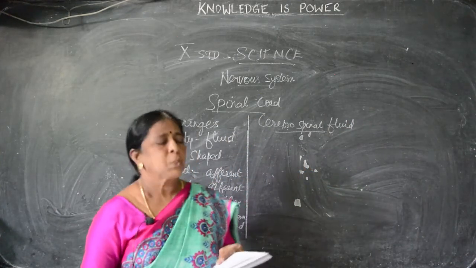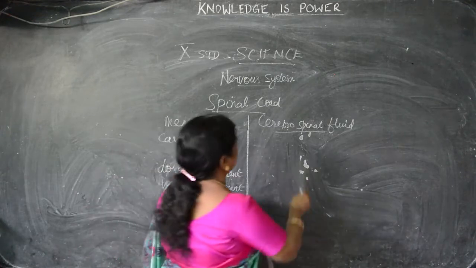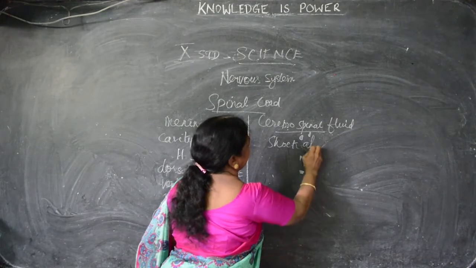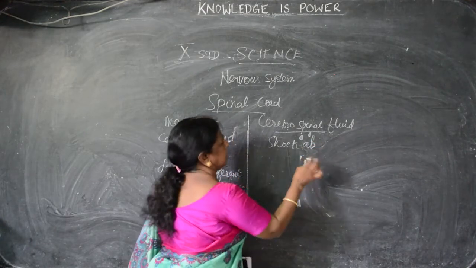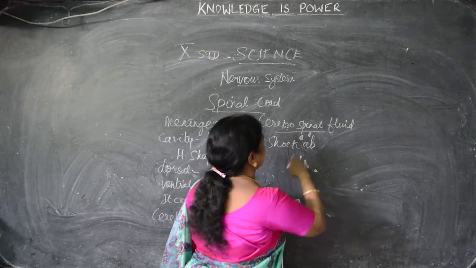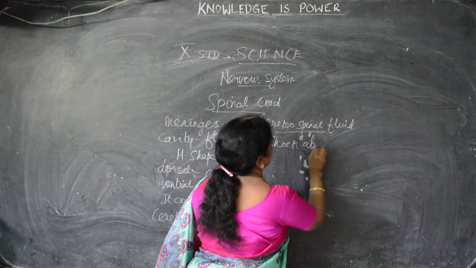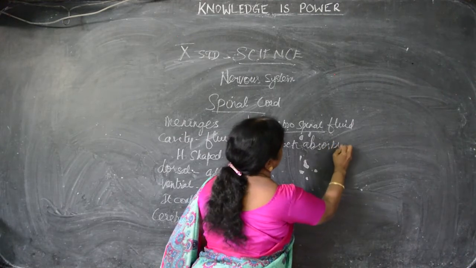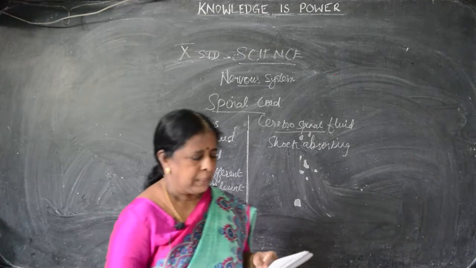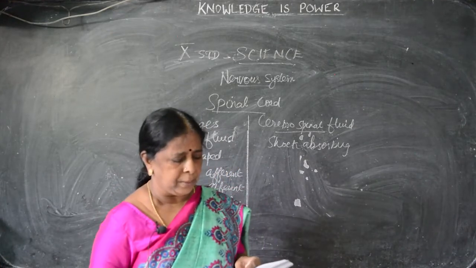It acts as a shock absorbing fluid. Whatever the shock, we are not immediately affected by it. Just for 1 second we may be in a confused state, then we come to relax because of the fluid. Shock absorbing. It acts as a shock absorbing fluid.